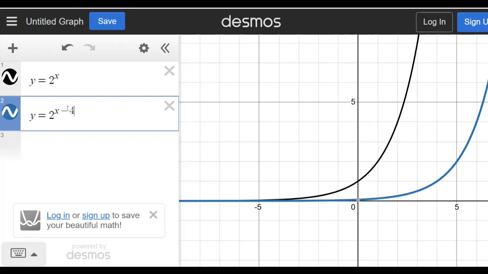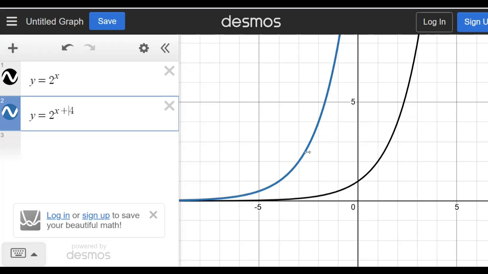The minus sign inside the parentheses on the x squared term actually moves the graph in the opposite direction. So minus means you move in a positive direction to the right. And if we change that to a plus 4, then it moves the graph in the negative direction. This is only a horizontal translation. The graph looks maybe like it's got a different curve, but that's just because it's a curve. It is the exact same shape.